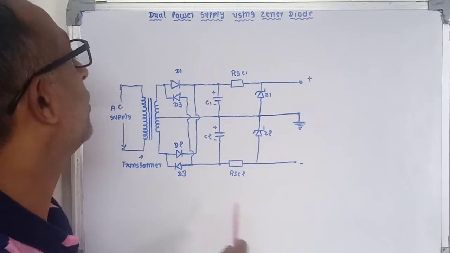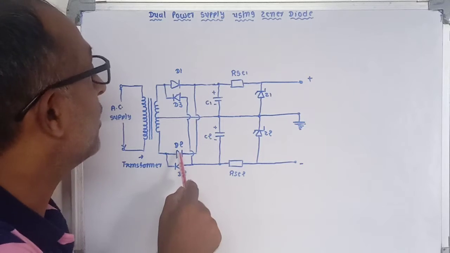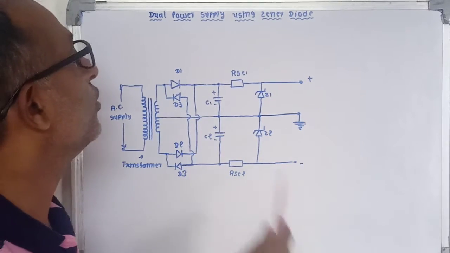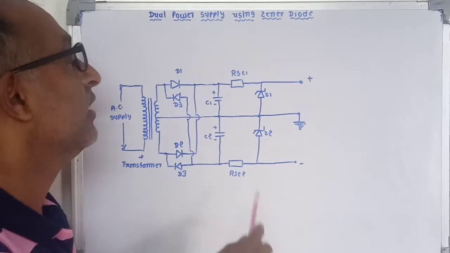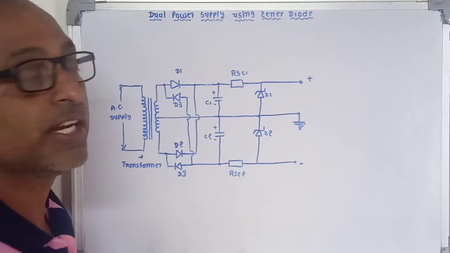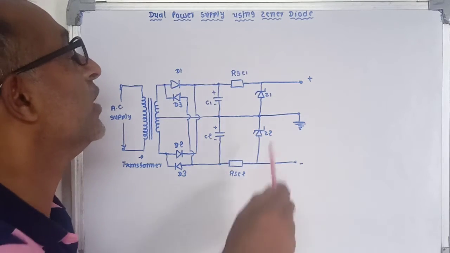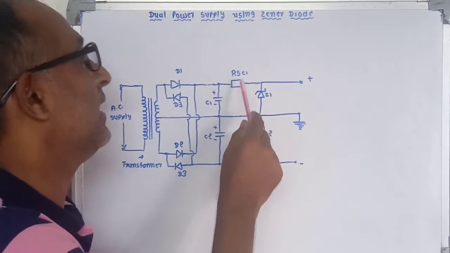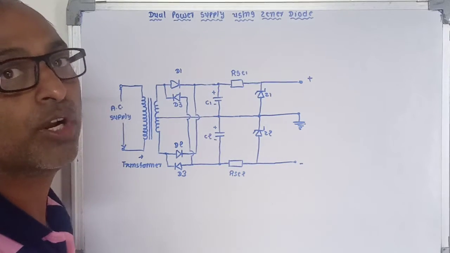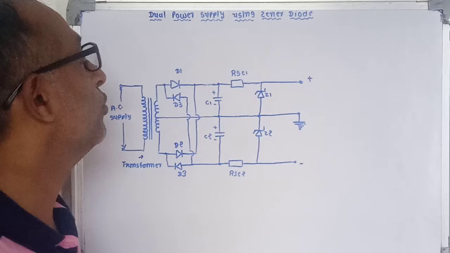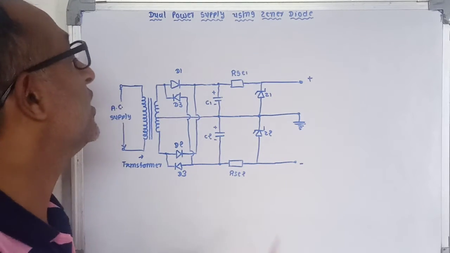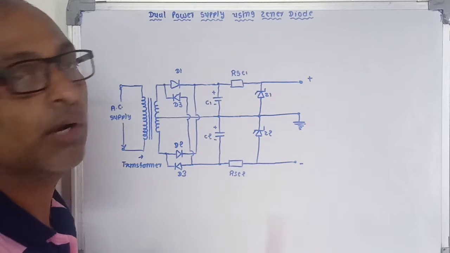Here diode D1 and diode D2 produce positive voltage with reference to this ground, and the positive voltage regulation can be achieved by using Zener diode Z1 and resistor RSC1. Capacitor C1 is used to convert pulsating DC into smooth DC, which removes the AC components present in the DC output voltage.